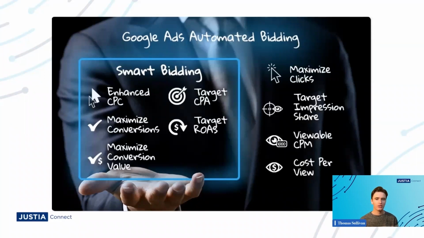So Google's algorithm uses what's known as auction time signals. These are a lot of different things. It could be the location of the user, the device they're using, the browser, a bunch of other things as well. We don't get all of that data from Google, but you can only take advantage of that data if you use a smart bidding strategy.